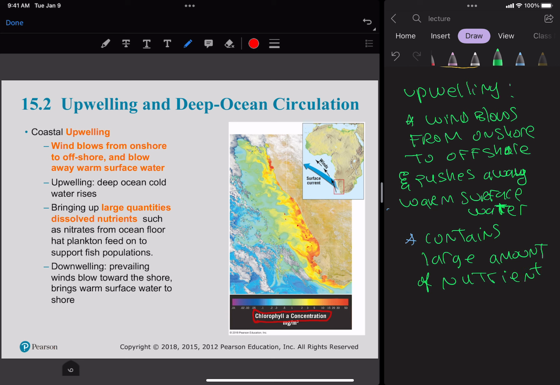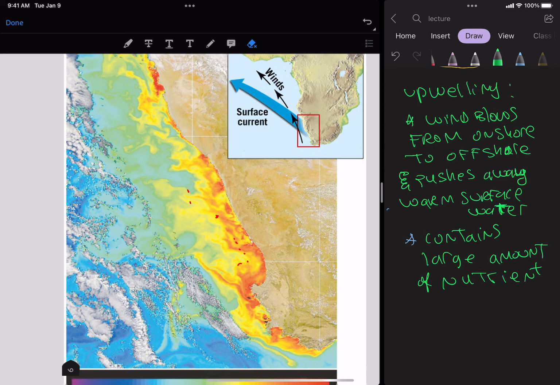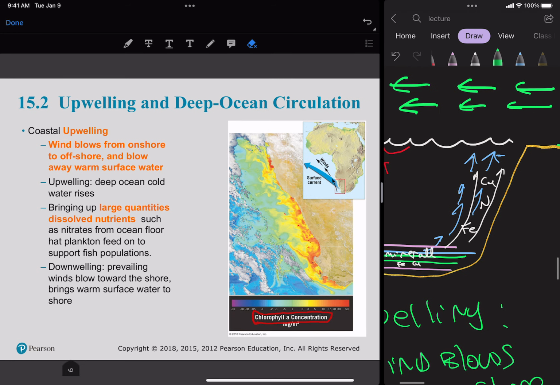So now during these upwelling events, what we find is that animals can feed on these nutrients, bacteria feed on these, smaller animals feed on the bacteria, and fish feed on those animals. So you have a lot of photosynthesis happening here as well.